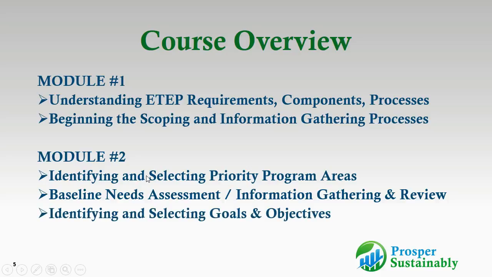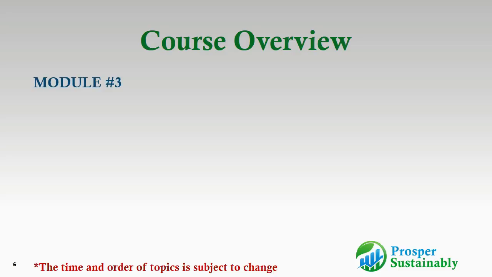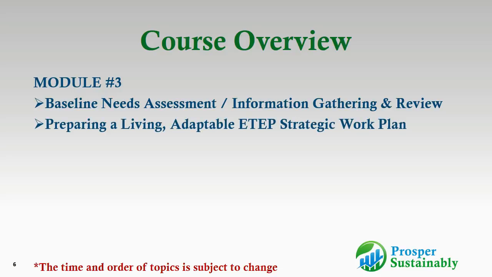And through that process, we started to identify and select goals and objectives, and I did some walkthrough on that with you. In Module 3, we revisited the baseline needs assessments and the information gathering and review processes, and then started to take that information that we had gathered and reviewed and entered it into a living, adaptable ETEP strategic work plan. I showed you the framework of what that actually looks like and entered some information.